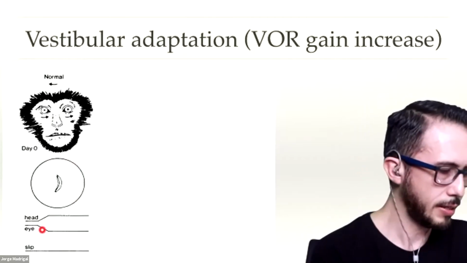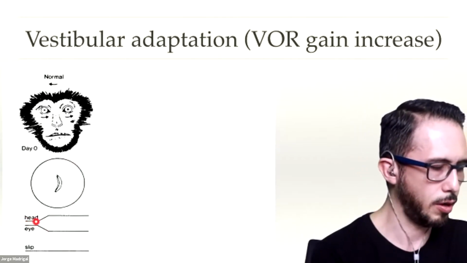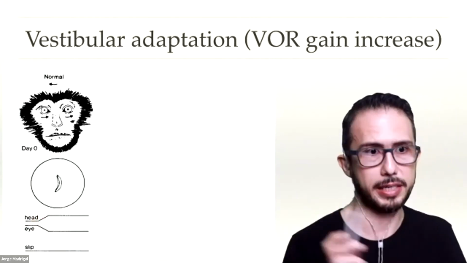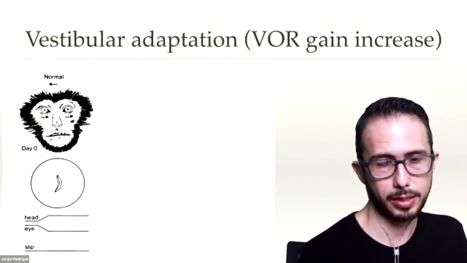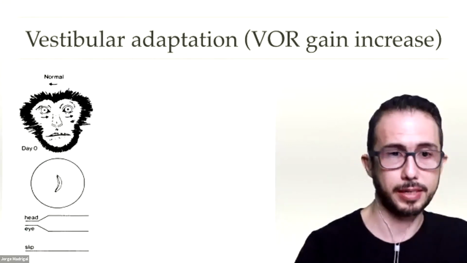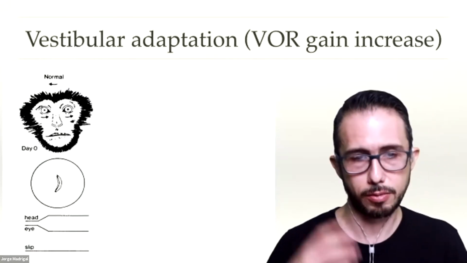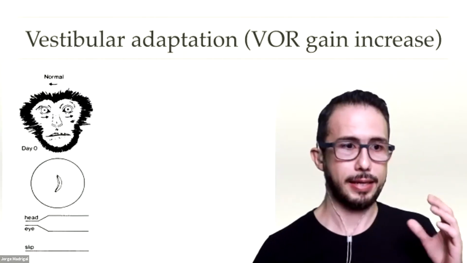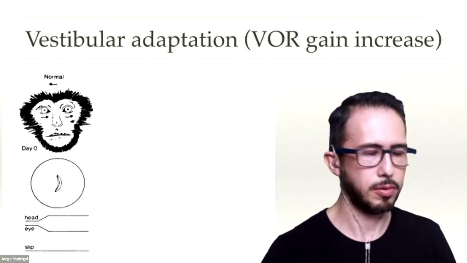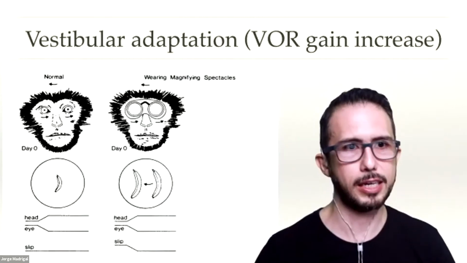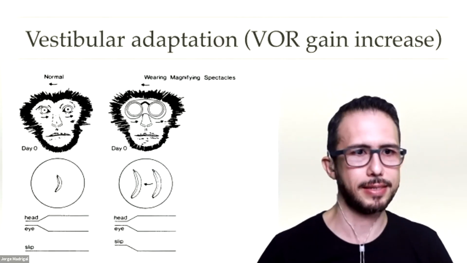So the eyes move in the opposite direction of the head at the same time, the same speed, the same amount of degrees. And because this guy is healthy, he is not going to have any kind of slip in the retinal image.